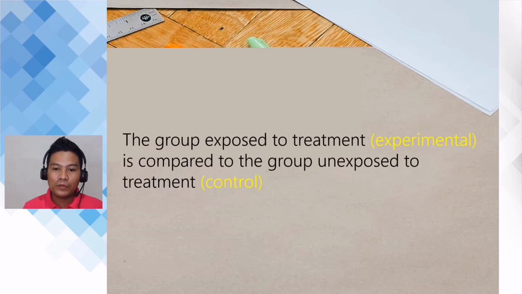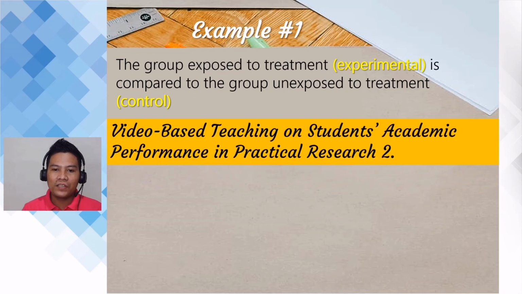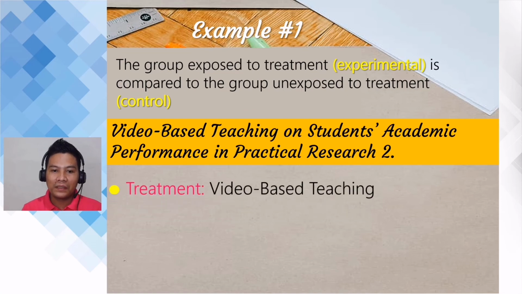The group exposed to treatment is called experimental. It is then compared to the group unexposed to treatment, called the control group. Here's an example: video-based teaching on students' academic performance in Practical Research 2. Treatment: video-based teaching.